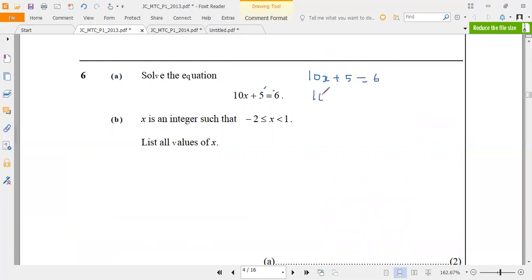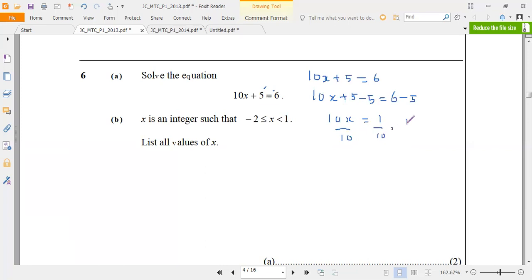If we take the 5 to the other side, remember when a number crosses the equal sign, its sign changes. Originally it is positive, so when it crosses the equal sign, it becomes negative. So I end up having 10x equals 6 minus 5, which is 1. And then to get the value of x, I divide both sides by 10.